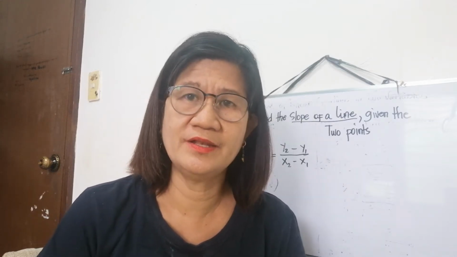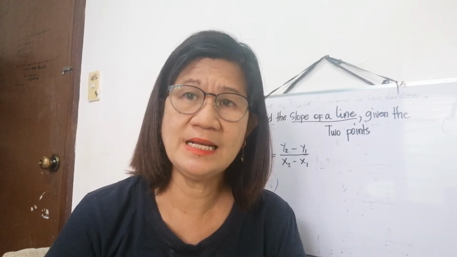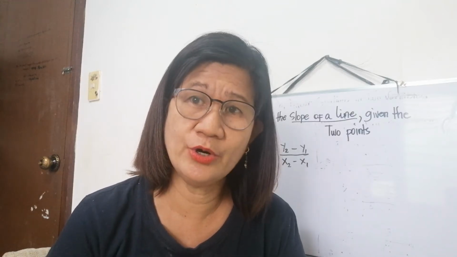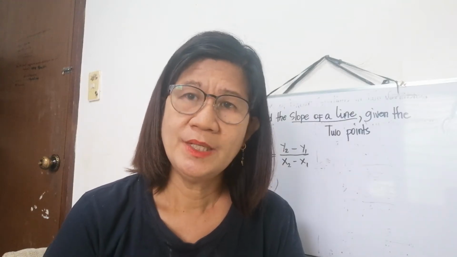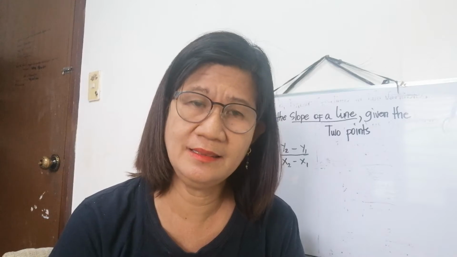When the graph is given, madali natin ma-identify kung ano yung slope ng line, whether it is positive, negative, undefined, or zero. Pero this time, magdiretso na tayo kung paano maghanap ng slope ng line given the two ordered pairs.